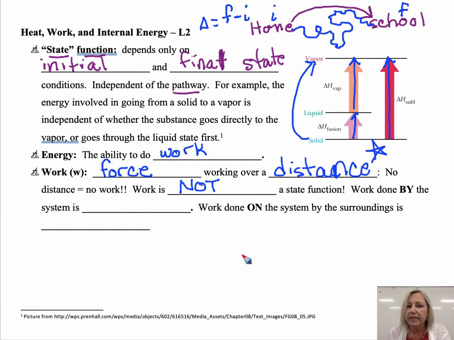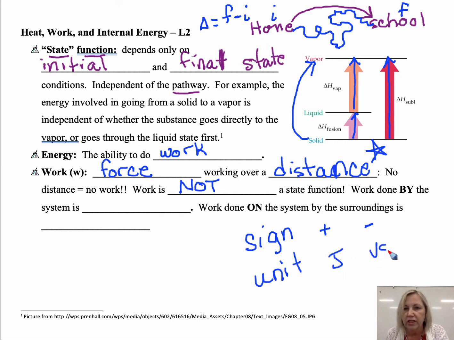Now, we do need some sign terminology, and in this unit, it's honestly going to be signs, whether values are positive and negative, and units. Especially watch for joules versus kilojoules. That can be really problematic, so keep your eye on those. Now, work done by a system.